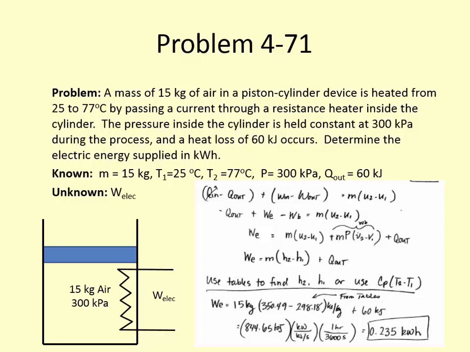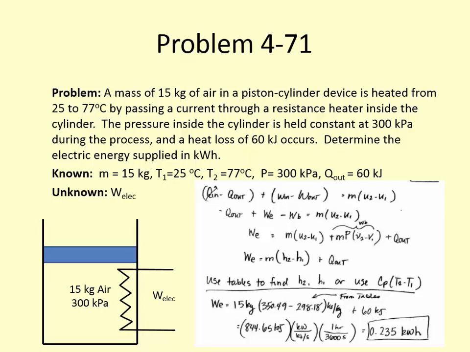So h1 is equal to 298.18 kilojoules per kilogram, and h2 is 350.49 kilojoules per kilogram. If we plug all those numbers in and solve for our electrical work in, we get 844.65 kilojoules.